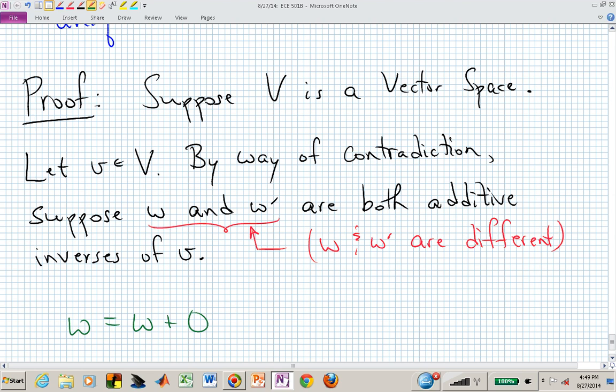Well, we also know that W prime is supposed to be an additive inverse of V. So we could write that 0 as V plus W prime. So that we now have W plus V plus W prime, where V plus W prime, by definition of W prime as an additive inverse of V, in parentheses is the 0 vector.